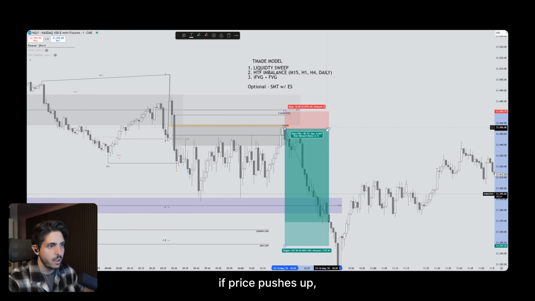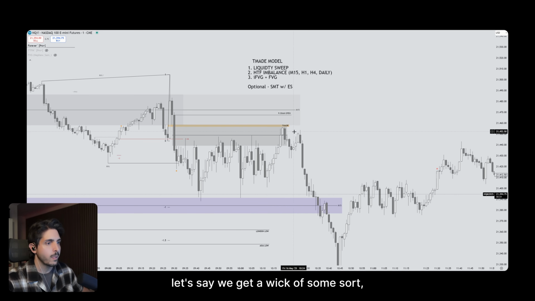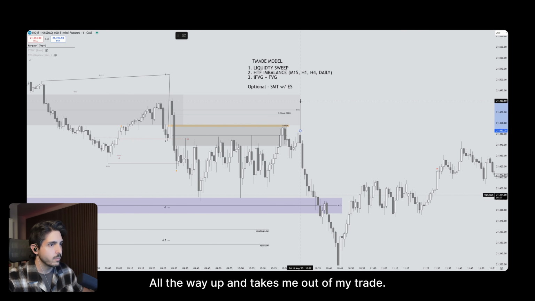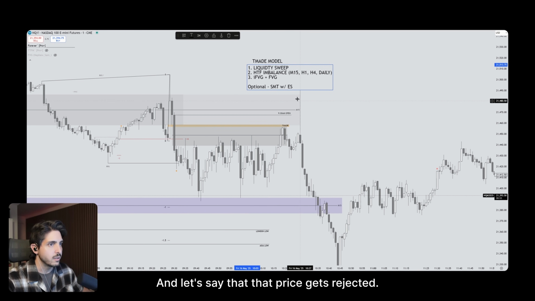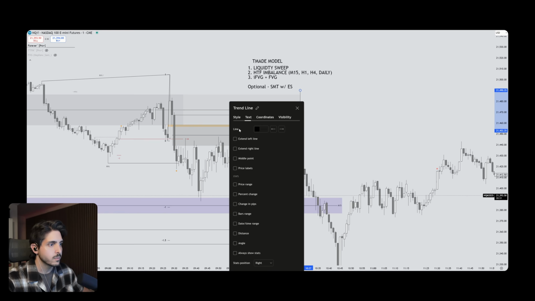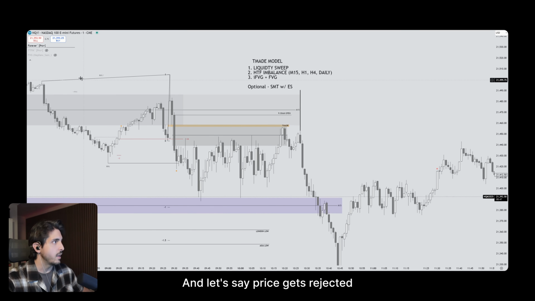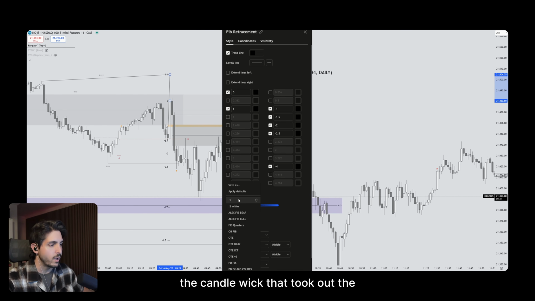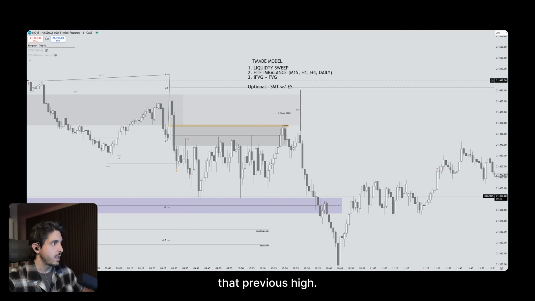And if price pushes up, let's say we get a wick of some sort, right? All the way up and takes me out of my trade. And let's say that price gets rejected. Okay, let's say this is a wick. Okay. And let's say price gets rejected from that 50%, that consequent encroachment of the candle wick that took out that previous high, right?